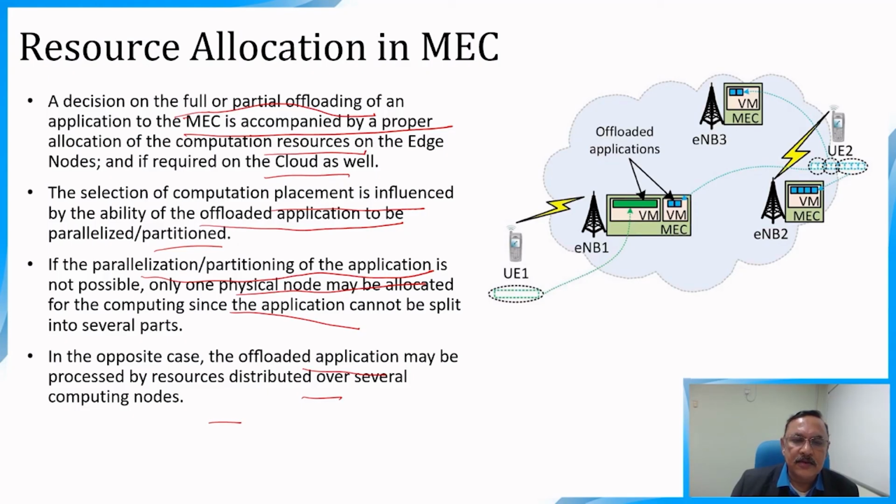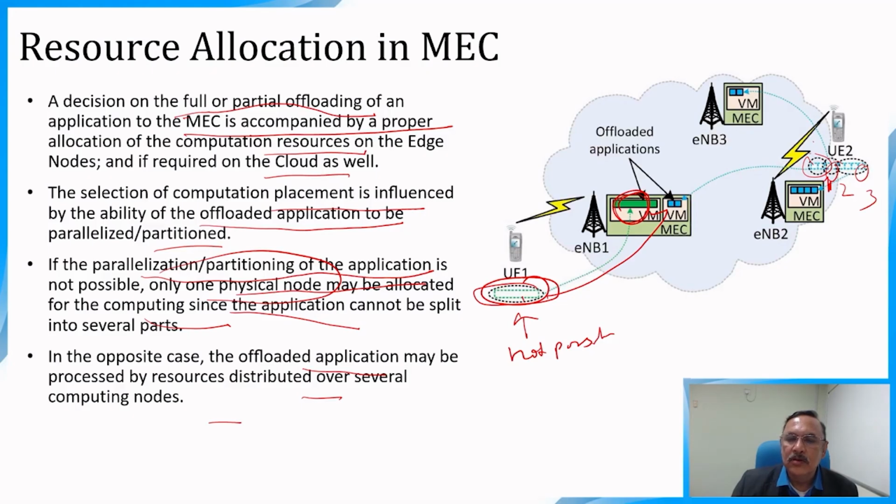Here you can see that this particular user equipment has only one physical node. But why? Because partitioning is not possible. You can see that there is no partitioning. So, the resource allocation in MEC will happen in this one virtual machine. Whereas for this user equipment, the application is divided into 3 different tasks: 1, 2 and 3.